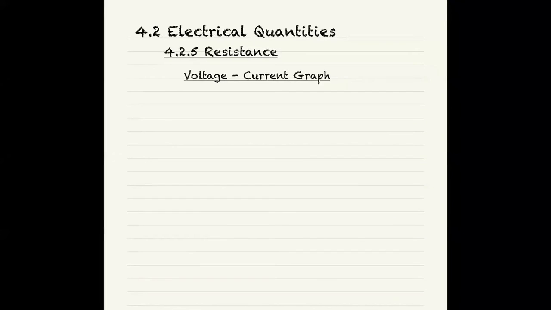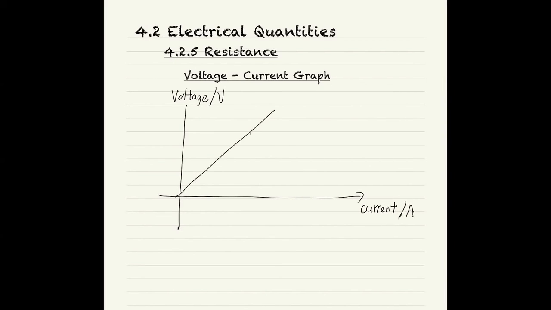For the voltage-current graph, y-axis is voltage, x-axis is current, ampere. Gradient of voltage-current graph will be equivalent to resistance.